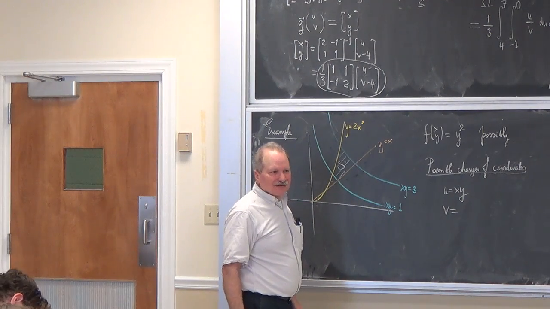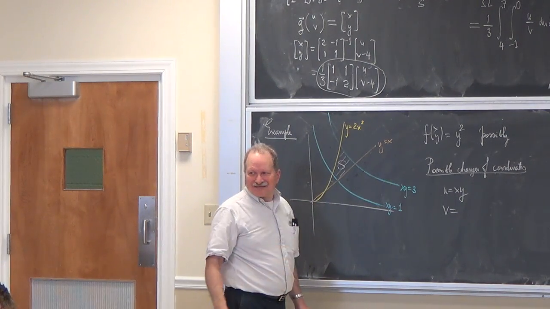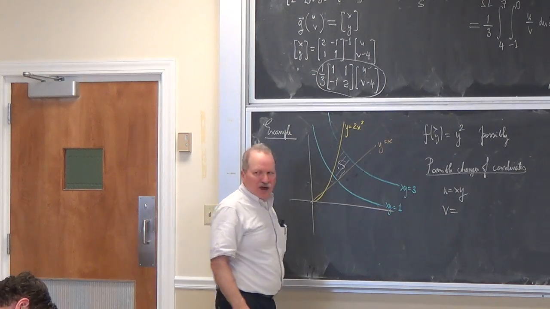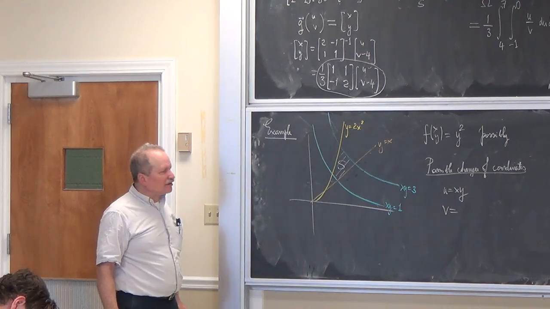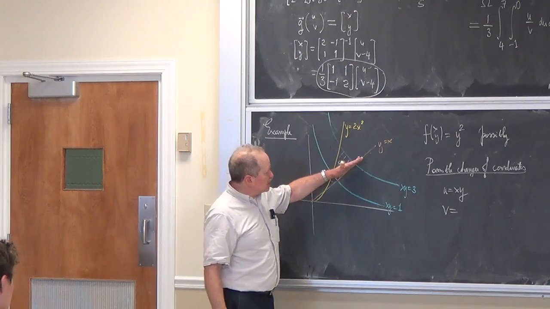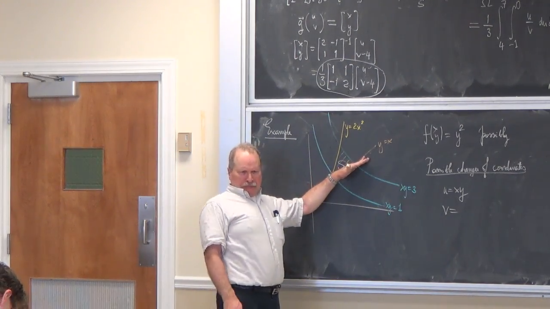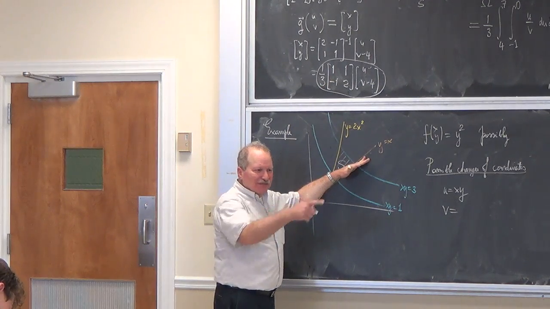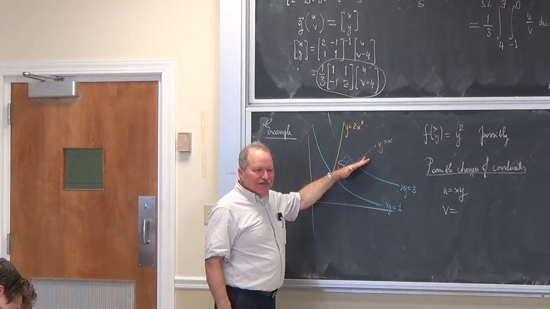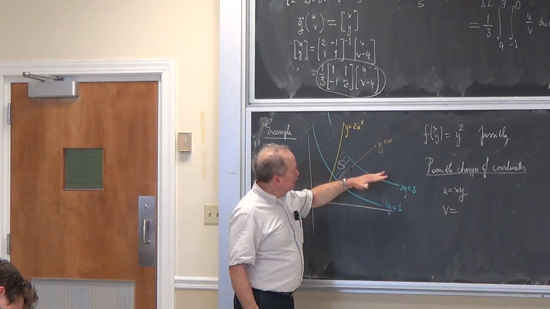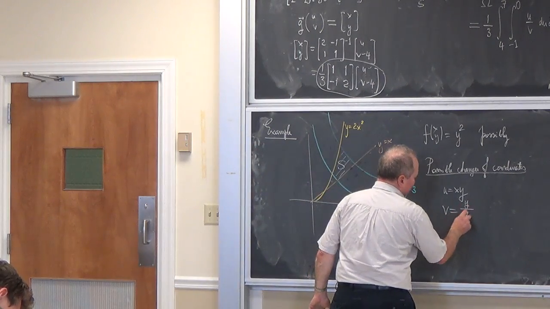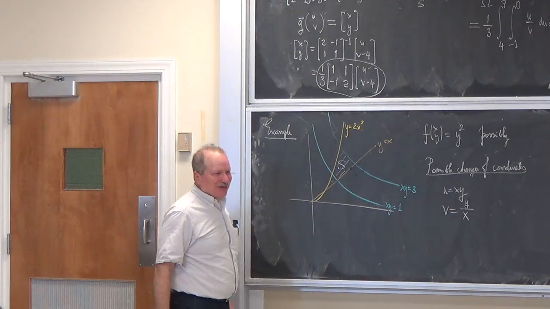What substitution would make this line very simple? 1 over y? 1 over x. I thought you said it right a minute ago. x minus 1.